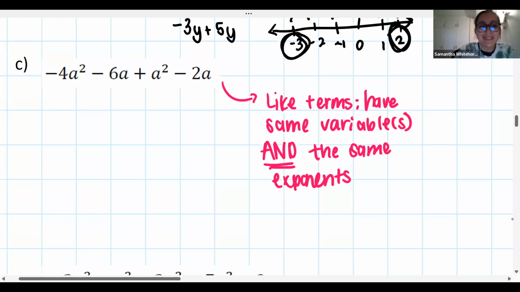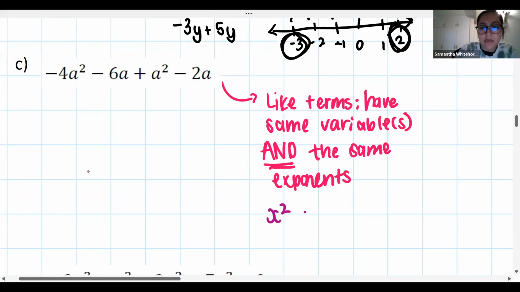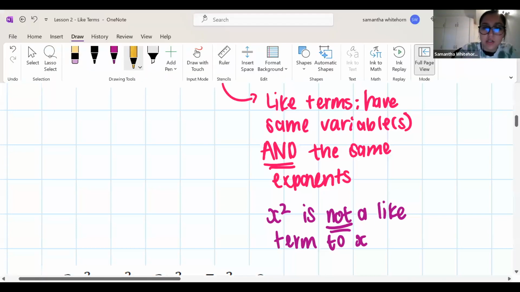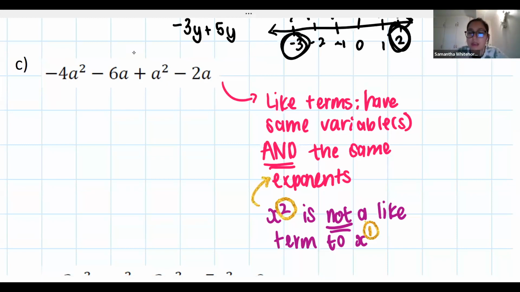What that means is X squared is not a like term to, for example, X. The reason that is not a like term, this has an exponent of 2, this has an exponent of 1. They do not have the same exponents, so they are not like terms.